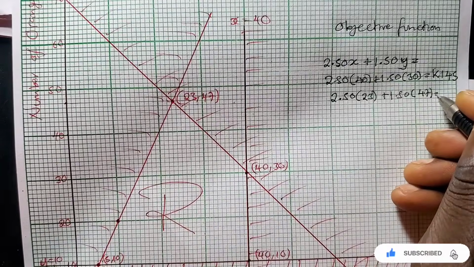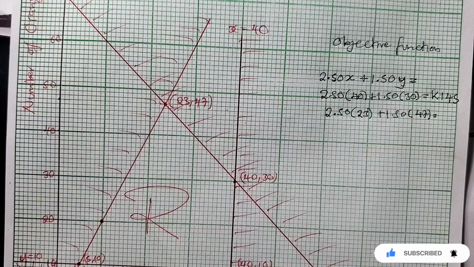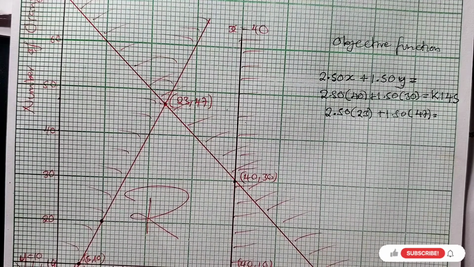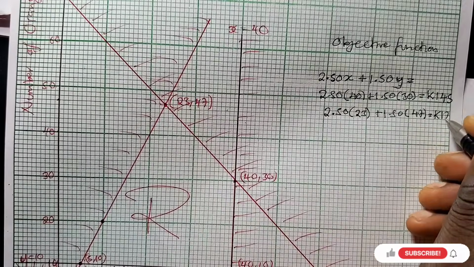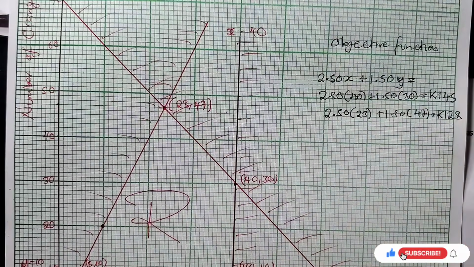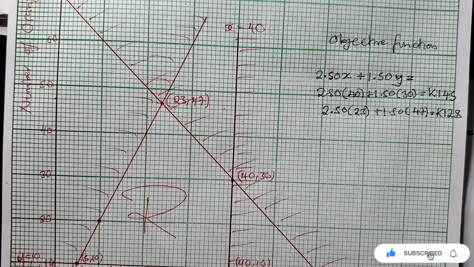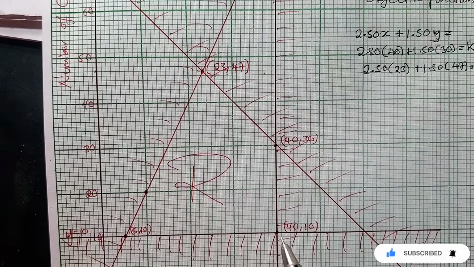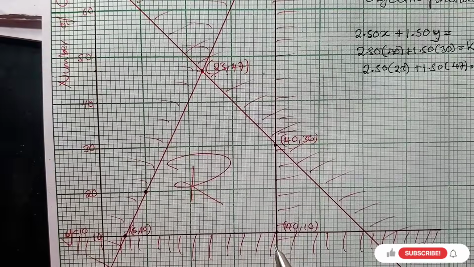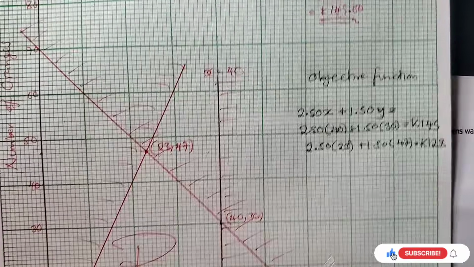Let's calculate 2.5 multiplied by 23 plus 1.5 multiplied by 47. This is giving me 128. All right, so we can't use these two. These cannot give us the maximum profit.